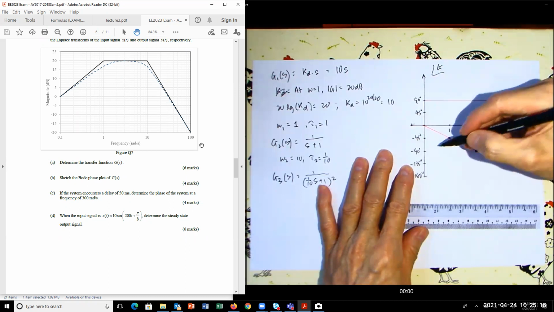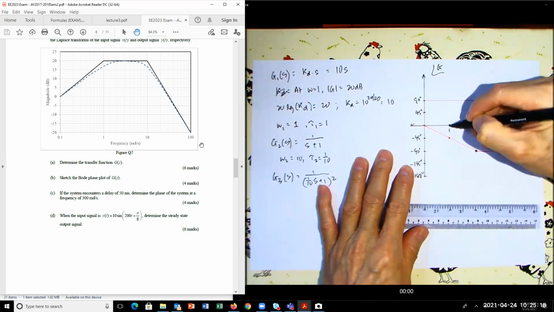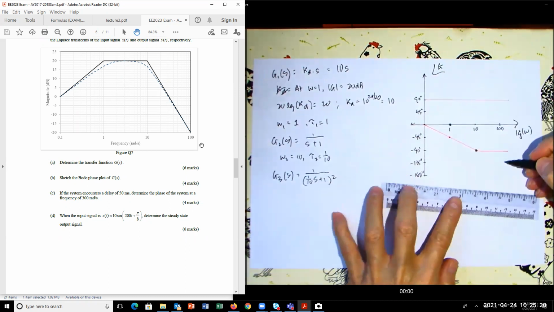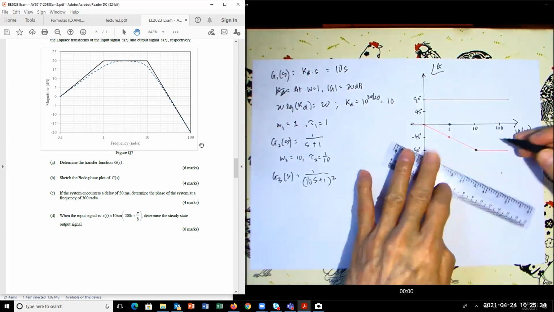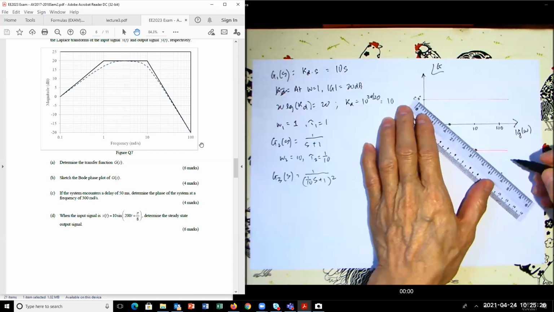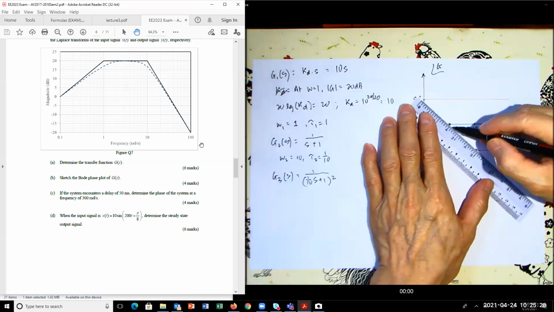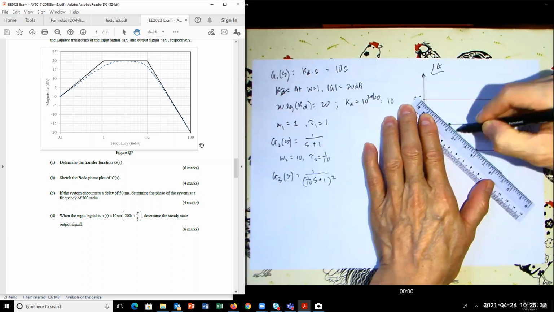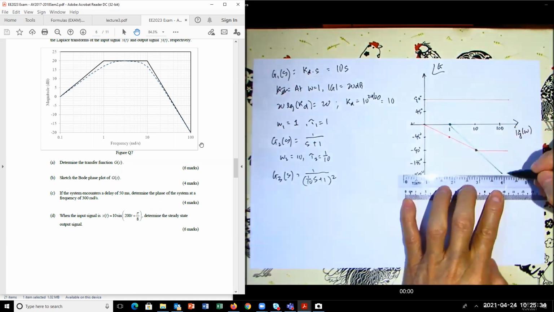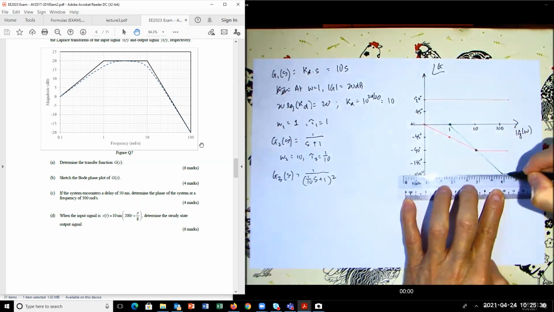One decade before that, it will be at 0. And one decade after that, it will be at minus 180, which is down here. So this is this line here, this green one.